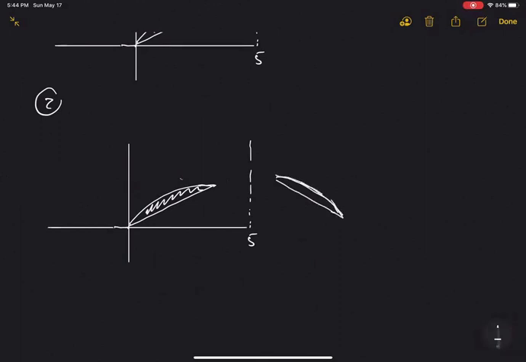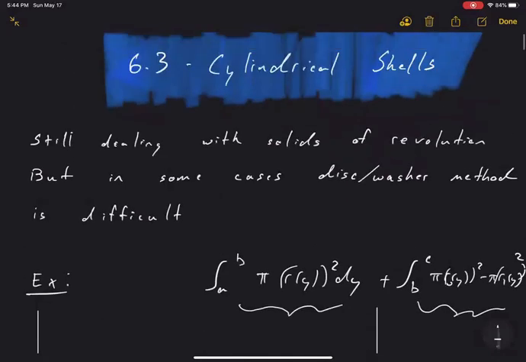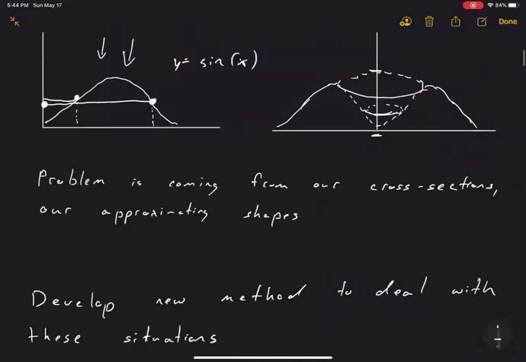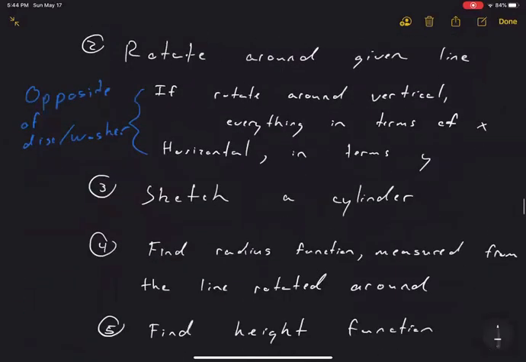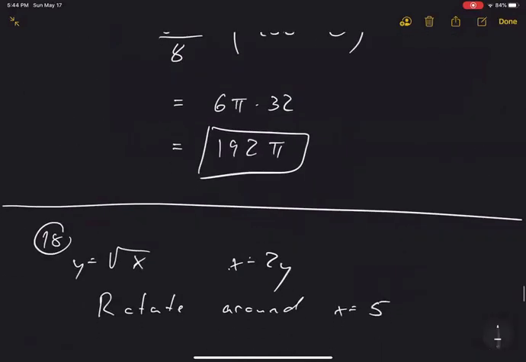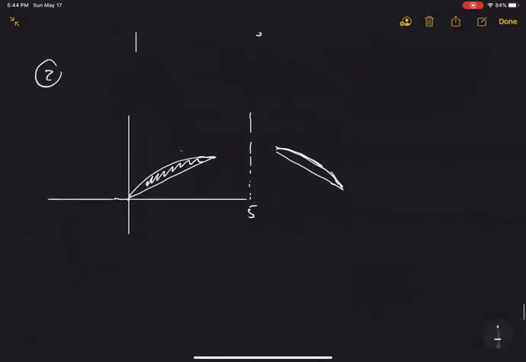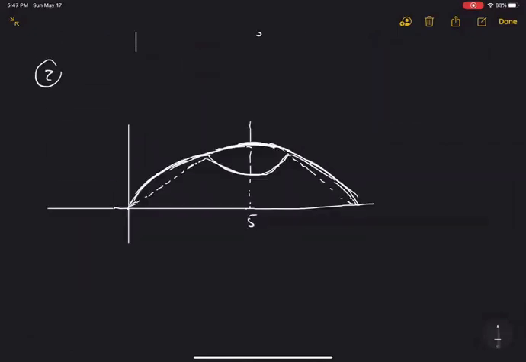And then my 3D object would be something that looks like this. I've made an attempt at drawing a 3D shape. It'd be kind of like a dome with a hole in the top, kind of like a volcano, I guess.